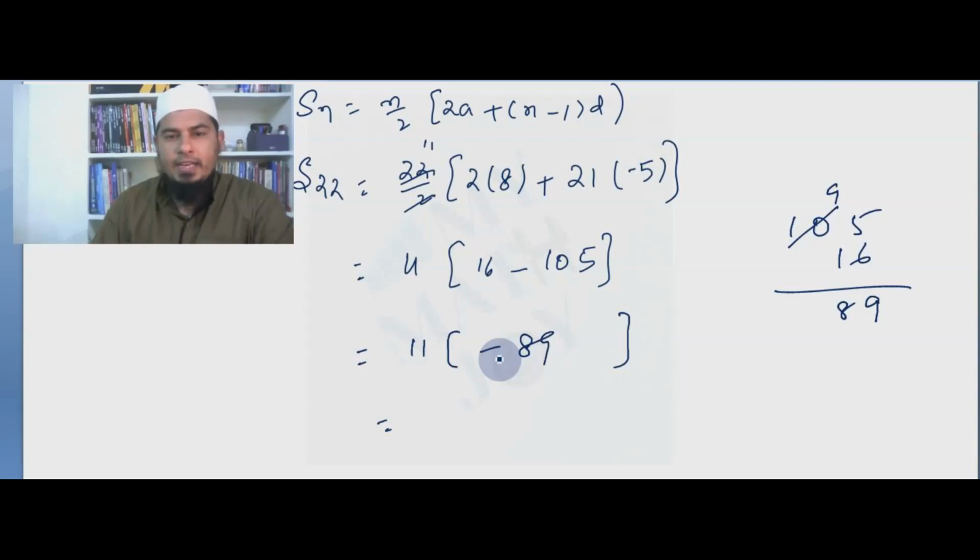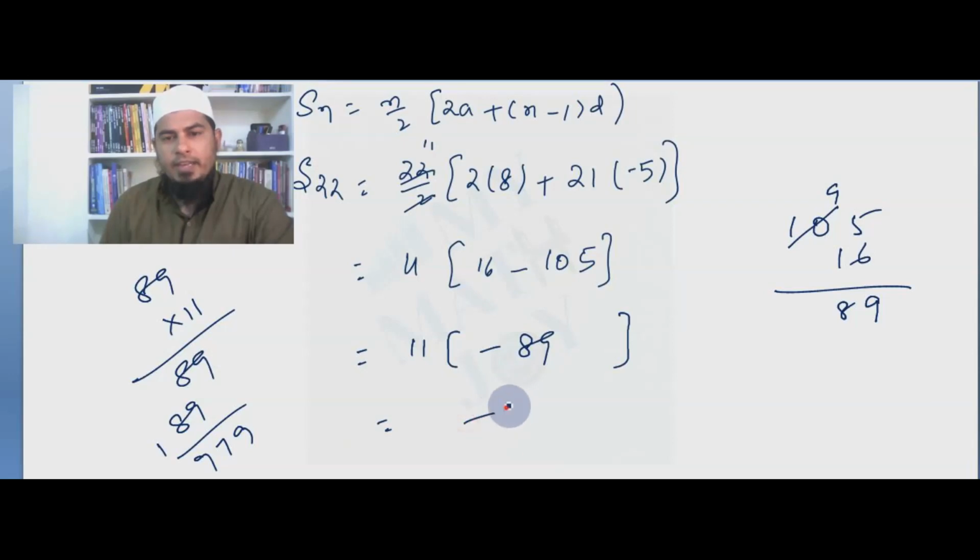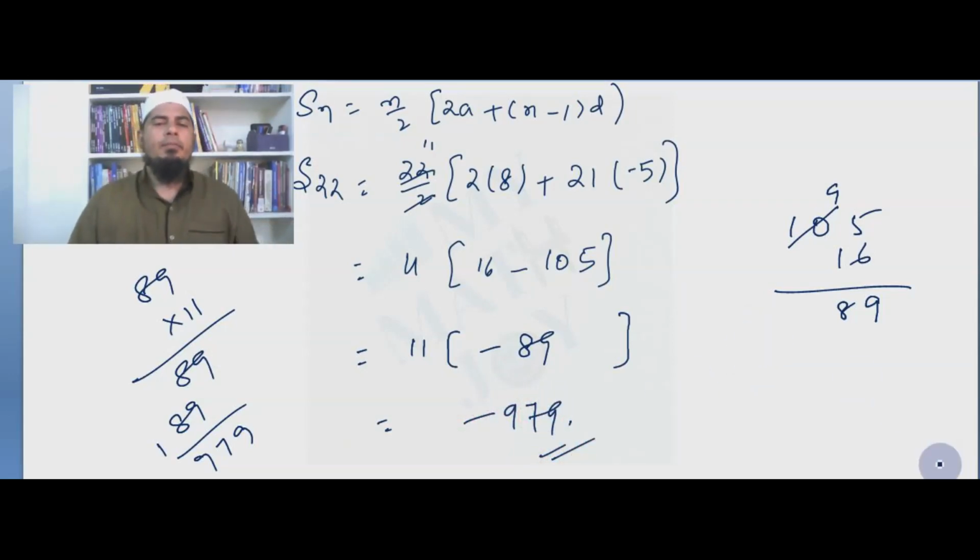Multiply 89 times 11, and you get 979. Negative 979 is the answer. If you add all the numbers in the given AP up to 22 terms, you will get negative 979. Let us move to the next question.